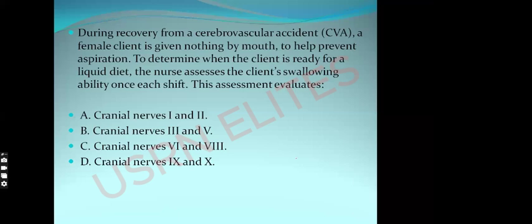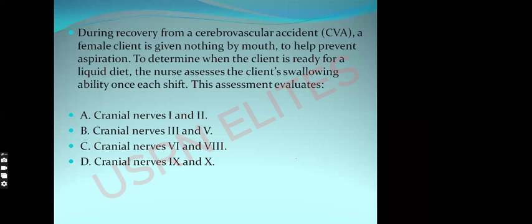I think cranial nerve 9, I stand for 9, right? 9 is glossopharyngeal, glosso, your tongue, and pharynx around your throat. So it is part of the glossopharyngeal nerve, that's nerve 9. And nerve 10 is what? Vagus nerve.